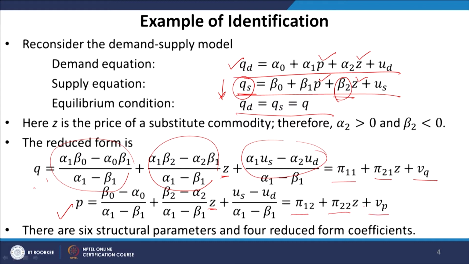Note that here again the second subscript refers to the equation, and the first subscript refers to the variable. So, there are 6 structural parameters, that is alpha naught, alpha 1, alpha 2, beta naught, beta 1, beta 2, and 4 reduced form coefficients, that is pi 1 1, pi 2 1, pi 1 2, pi 2 2.